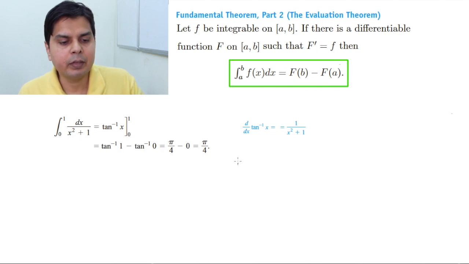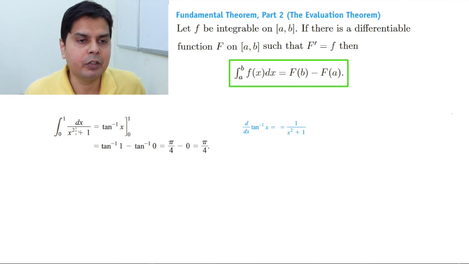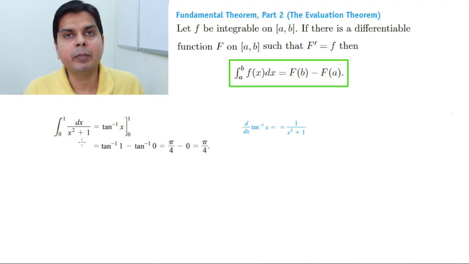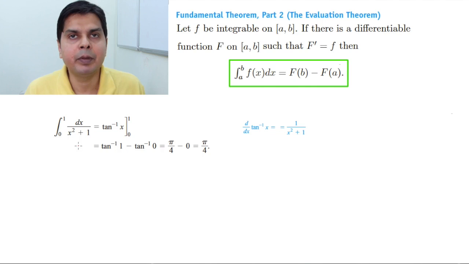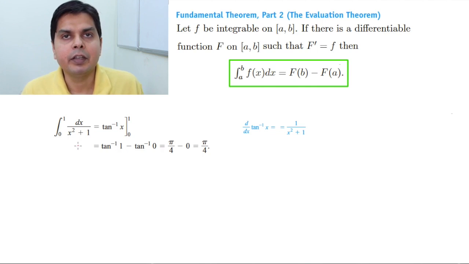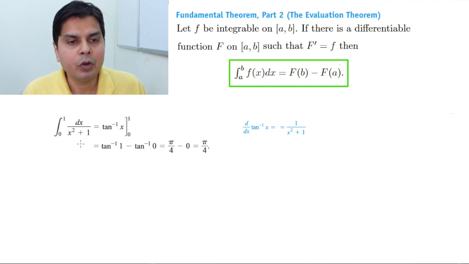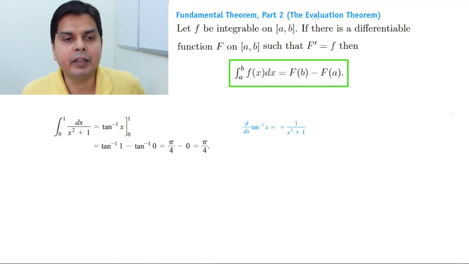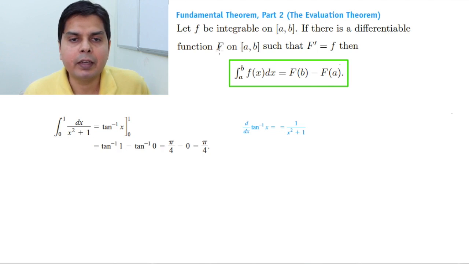So basically this theorem says that suppose I have to find the integral from 0 to 1 of dx by x square plus 1. I can use the method of taking it as a limit of sums, the long method, or a very simple method: I should find a capital F, a function whose derivative is equal to this.